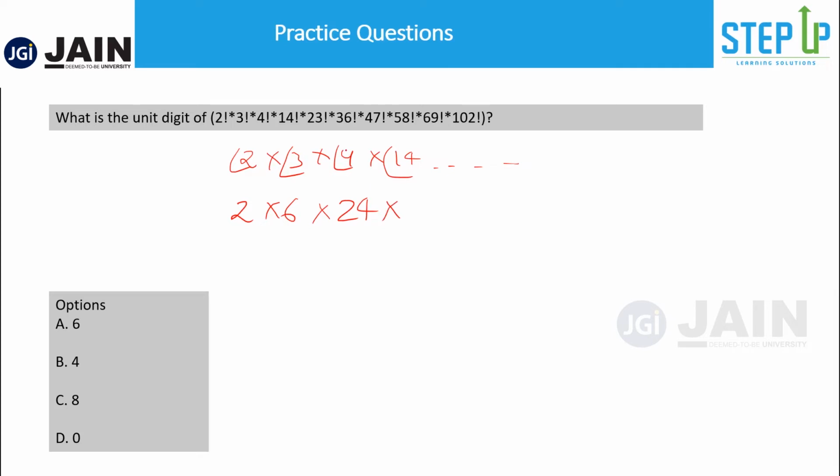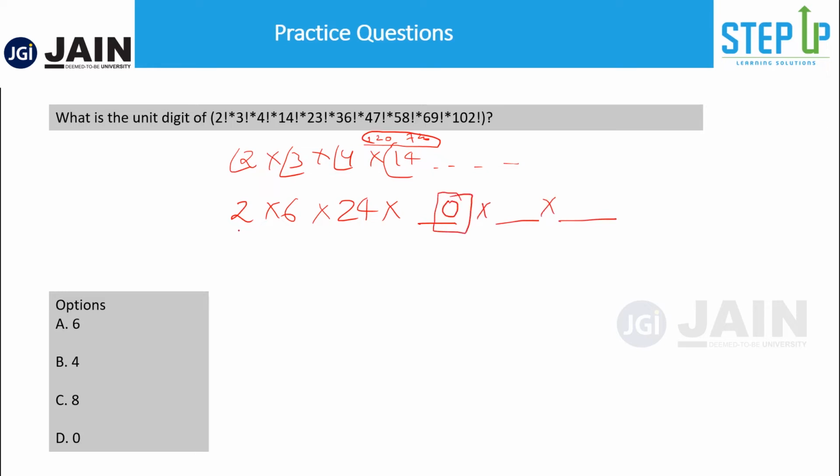Also, you notice any number above 4 factorial, let's say 5 factorial is 120, the next number is 720 and so on. But what I'm saying is any number greater than 5 factorial or 5 factorial itself ends with a 0. That means all the other numbers will have its unit digit as 0. This was important to note.